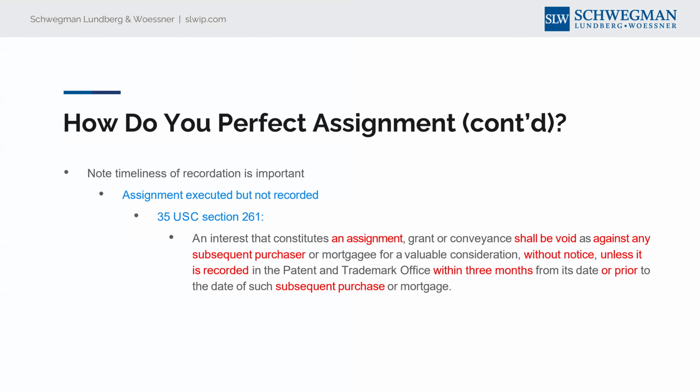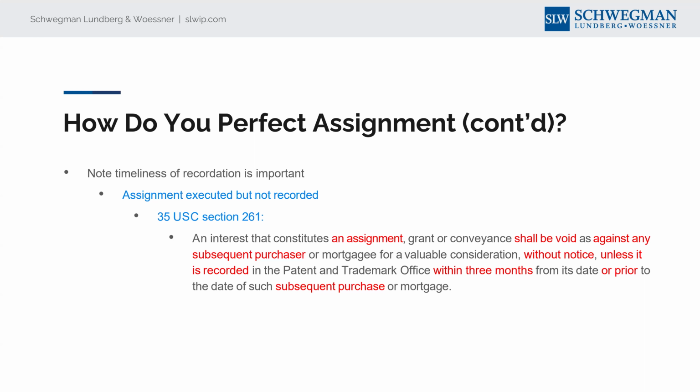And timeliness of recording assignments is important. You're going to want to do this as soon as you can, because if you do not record the assignment within 3 months of the date the assignment is executed, it's awfully hard to use that to skip ahead of people who might have some sort of interest in that IP asset, just because they haven't had proper notice.